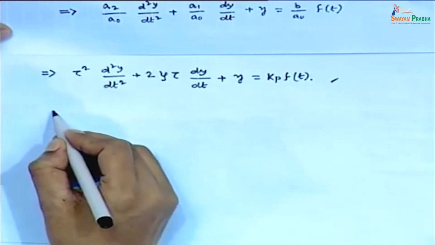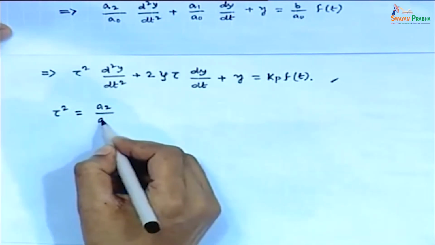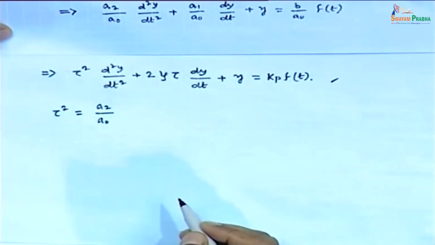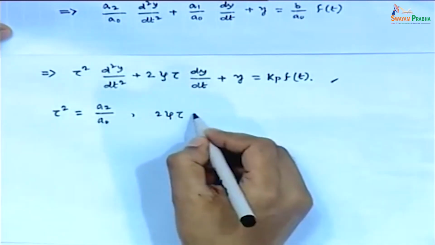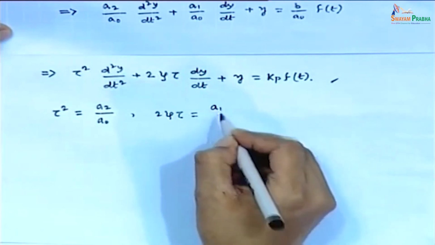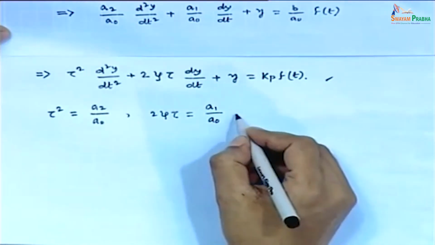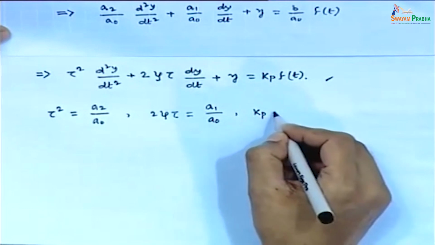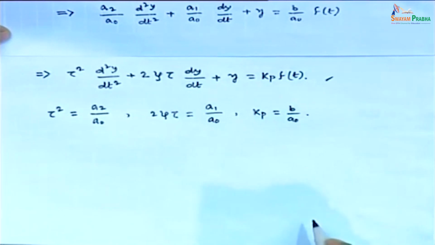Here tau square equals A2 by A naught, 2 zeta tau equals A1 by A naught, and Kp is b by A naught.